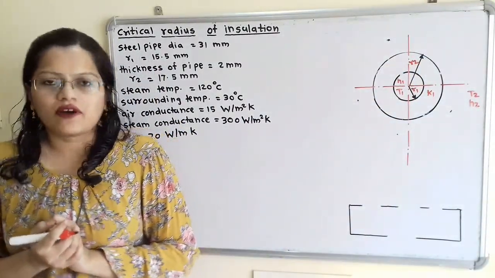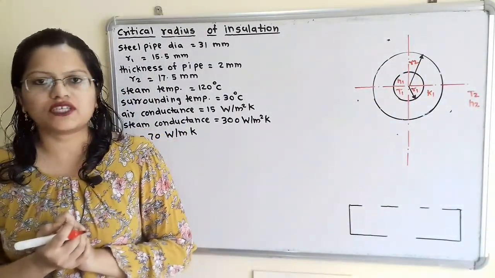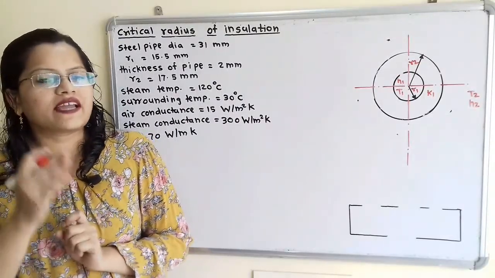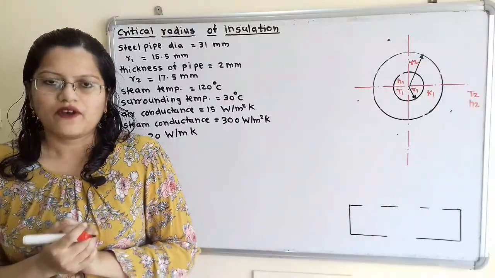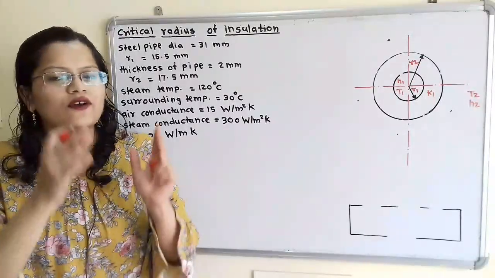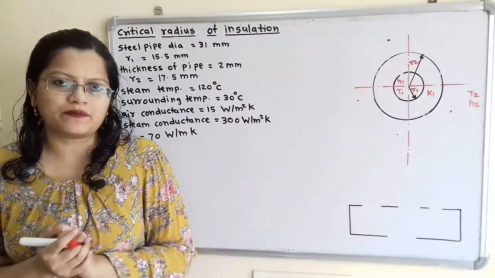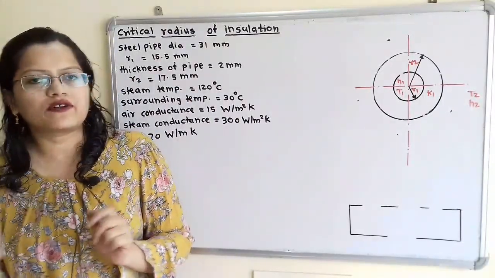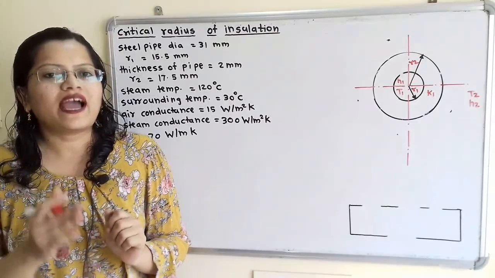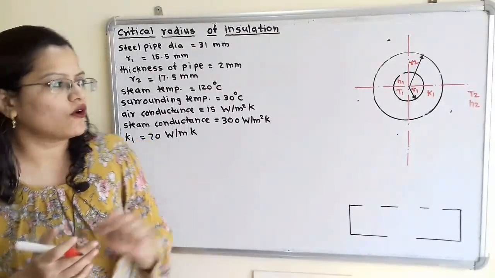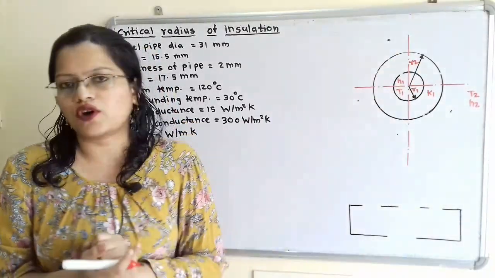Now what is the first question? The first question is that we have to find out the value of the radius of insulation for which the heat flow is same as when the insulation is not provided. How to find out this value? For that we have to first find out what is the value of heat flow when the insulation is not provided.